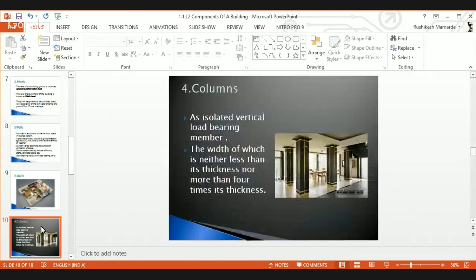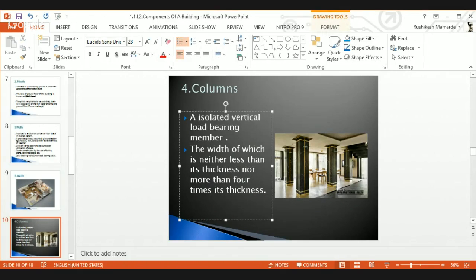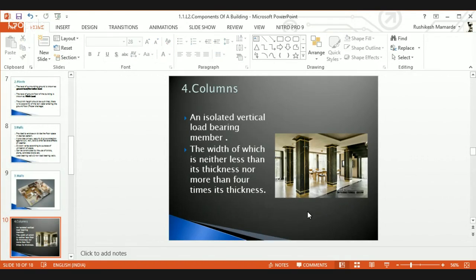So the next part is columns. What do you mean by columns? Everybody is aware of the word columns. A column is an isolated vertical load-bearing member. You see, here is a single load-bearing member. It is isolated. It is not supported by anything.